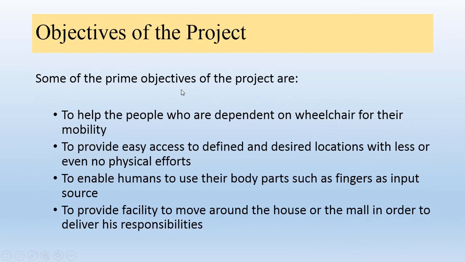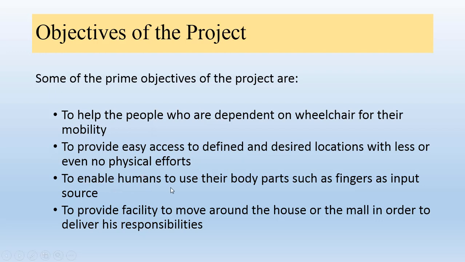Some of the prime objectives of this project are to help the people who are dependent on wheelchair for their mobility. Secondly, to provide easy access to defined and desired locations with less or even with no physical efforts, means that smartphone can take you to your desired position or location.